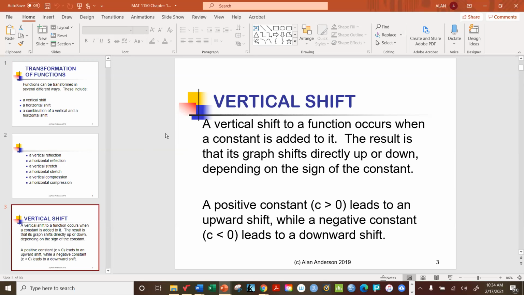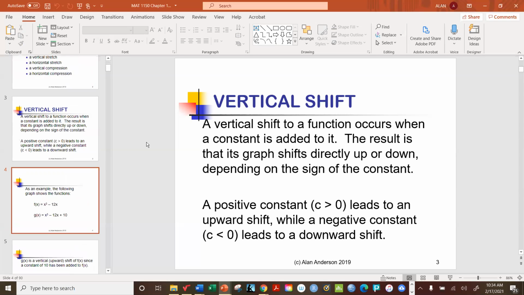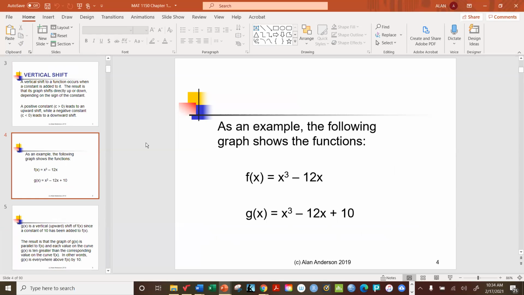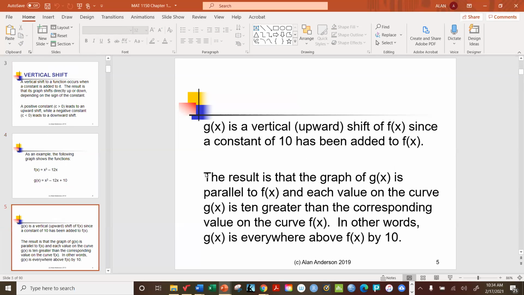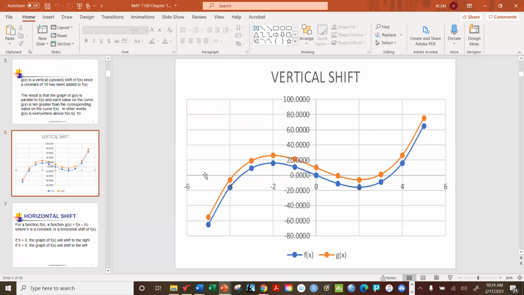Let's look at a simple example of this. How about this one? This is a cubic function, and the one directly below it is the same function with 10 added to it. I've already drawn this for you.